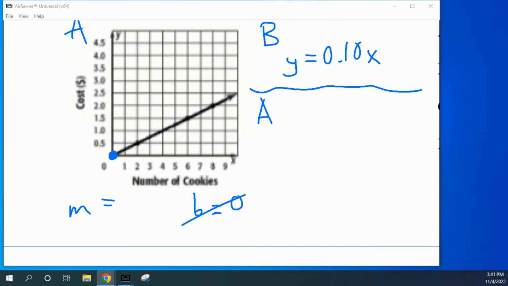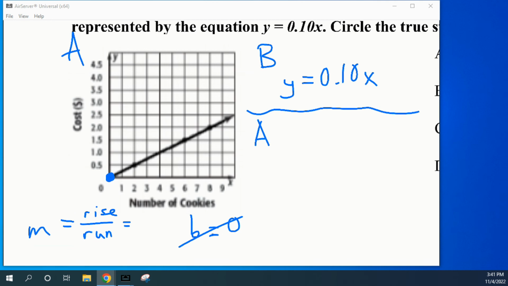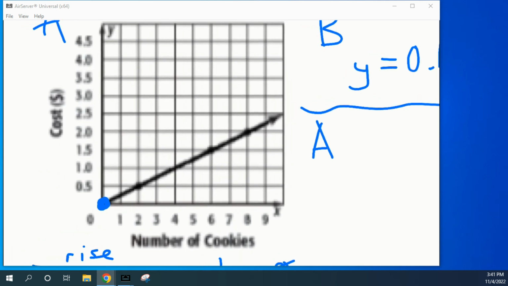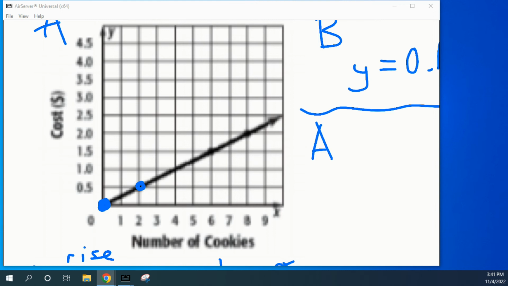The slope is going to be the rise over the run, which in this case, we're going to go up and over. I am going to plot a few points here because my picture is not great and your guys' paper is probably worse. I'm going to plot some of these points here. Then what I'm going to do is take a look at my x, see that my number of cookies is counting by 1, so there's no main issues there.